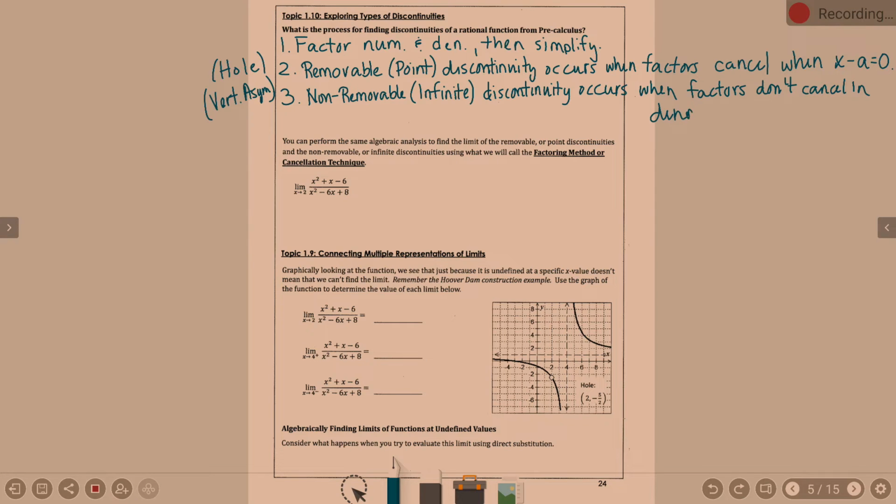And of course, that is when x minus a equals 0, because you take whichever factor we're talking about and set it equal to 0. Okay, so get what you need there.